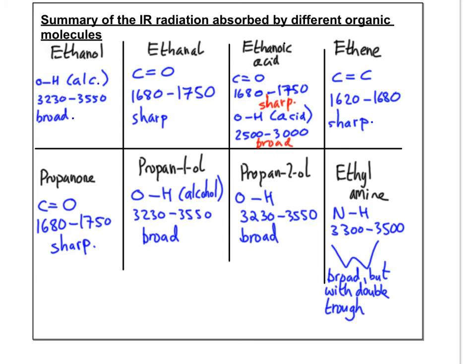They would have slightly different fingerprint regions, which you can find in your textbook. Ethylamine, a little bit like alcohols, has a broad peak, but it's a kind of double dip. And finally, ethene, just a C double bond C, 1620 to 1680, again a sharp peak there.